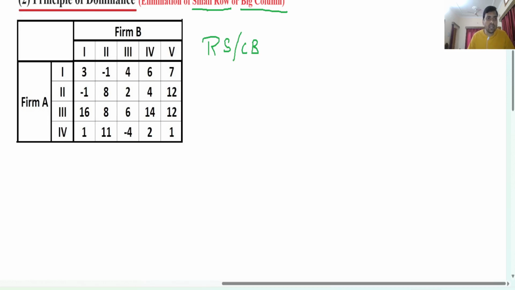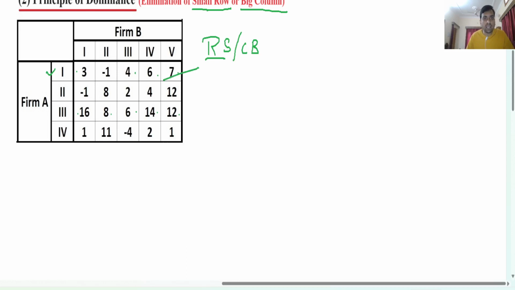So this 3 is lesser than 16, satisfied this condition, row is small. This -1 is lesser than this 8, this 4 is lesser than this 6, this 6 is lesser than 14, and this 7 is less than 12. In this case, all the elements of first row are smaller than all the respective elements of row third.